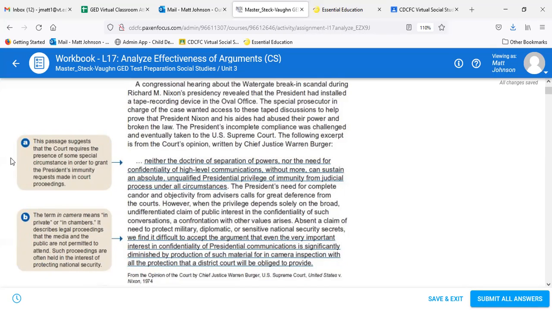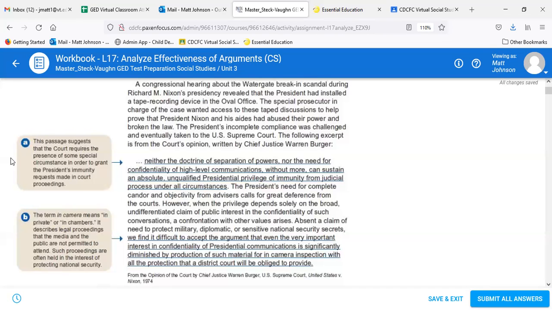It describes legal proceedings that the media and the public are not permitted to attend. Such proceedings are often held in the interest of protecting national security. So this, in Nixon's case, and some presidents will state things like executive privilege, or it's a matter of national security that they can't turn these documents, or in this case audio, like a tape recording, over, because it has some type of state secrets or military or diplomatic secrets involved that the public cannot be privy to.